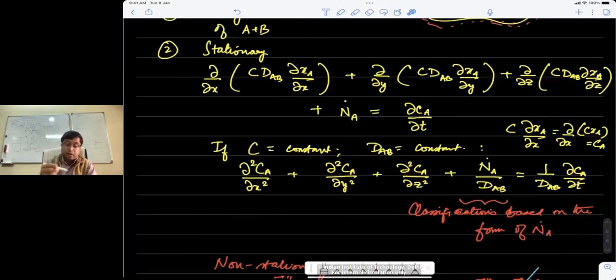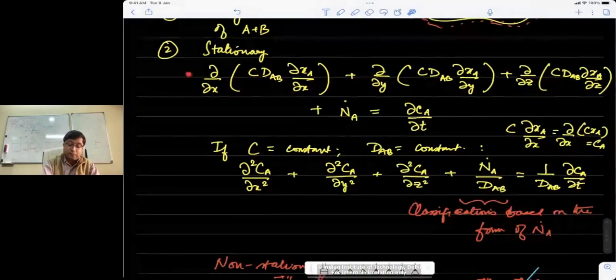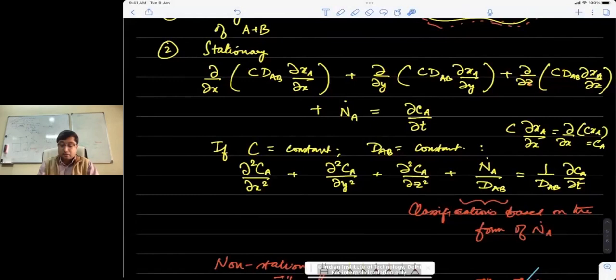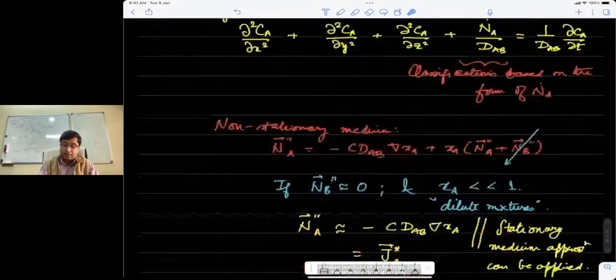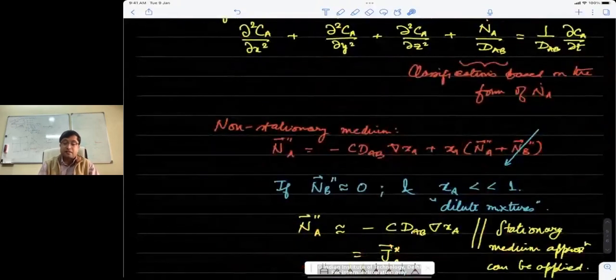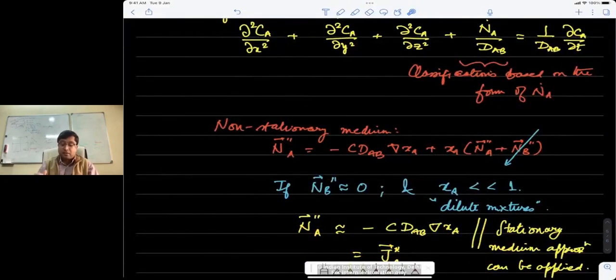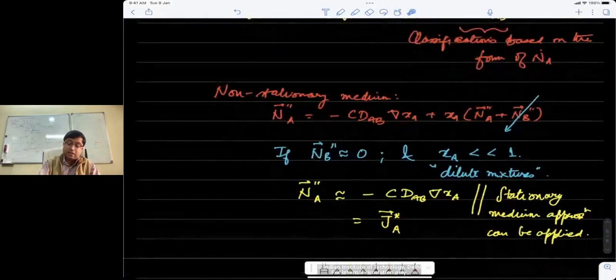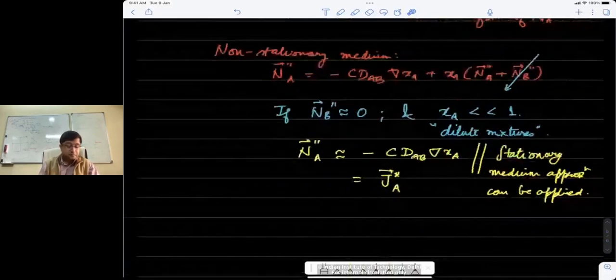The flux, or the rate of transport of the species, is later put into the governing equation. Otherwise, we actually have minus dqx dx, minus dqy dy, and then minus dqz dz. So that is how the conservation rule comes in. Adding this is basically a consequence of the fact that the mole fractions are small, or the medium is stationary to start with, that the velocity of the mixture is zero. But what I'm saying is that if the mixture velocity is still not zero, it can still be applied as long as these conditions can be satisfied.